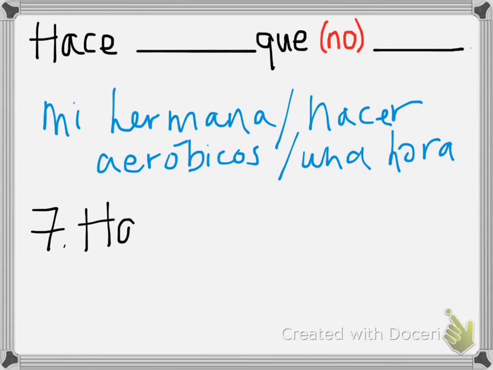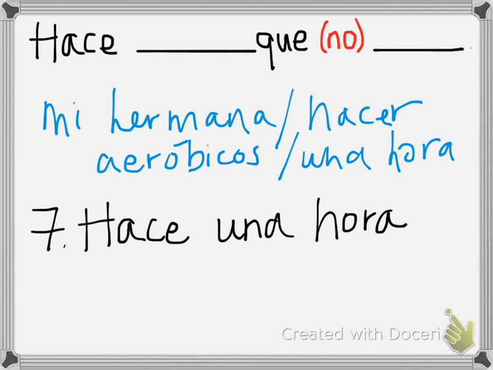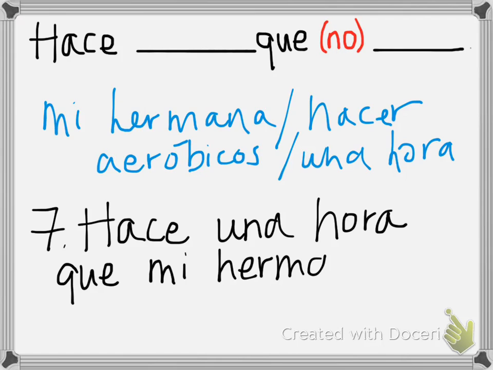So hace, remember we plug in our time next, una hora. What comes next? Do you remember? Que. Okay, and then remember we have the subject verb phrase. So, hace una hora que mi hermana. And don't forget to conjugate your verb. So, hace una hora que mi hermana hace aeróbicos.